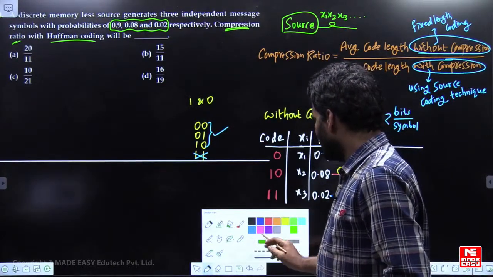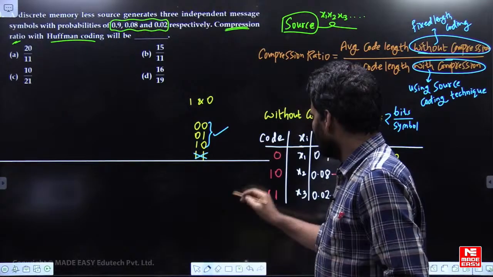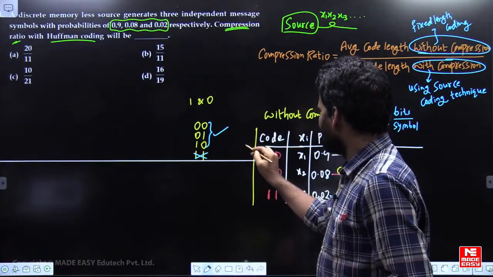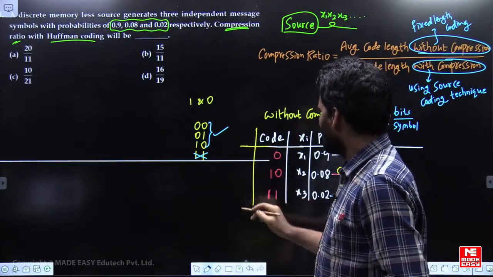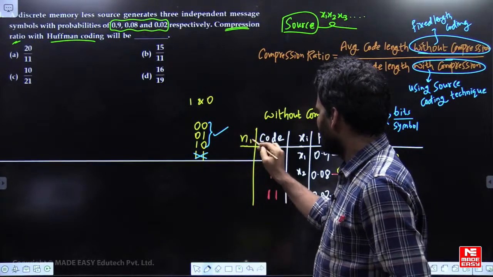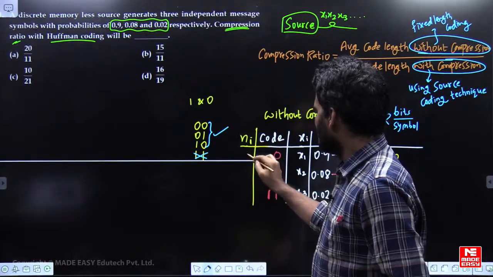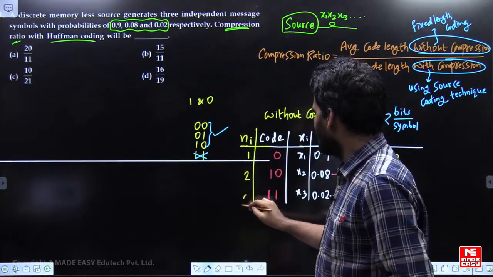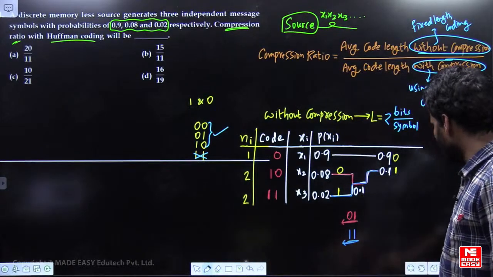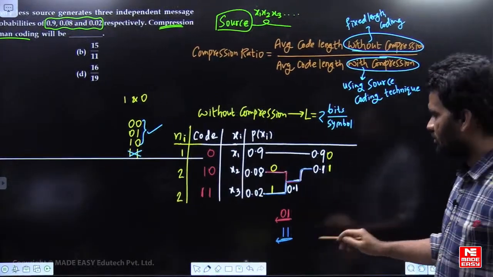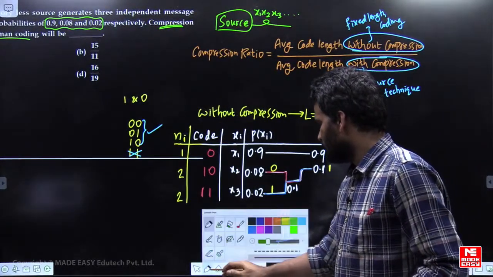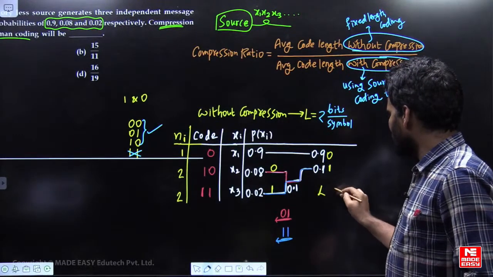Now if you find the code length ni, the number of bits in the code, this is 1, 2 and 2. That is the code length of the given symbols. Then how to find the average code length?